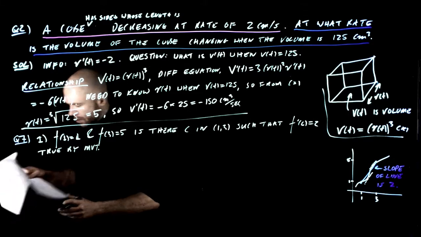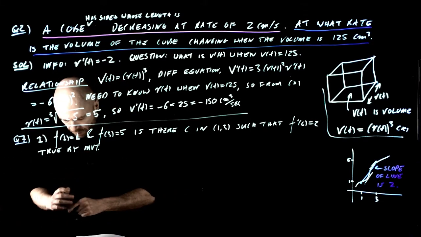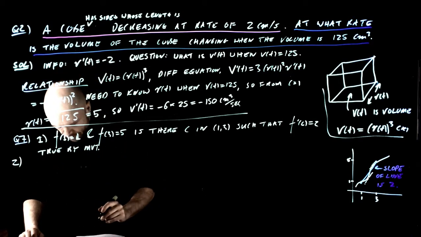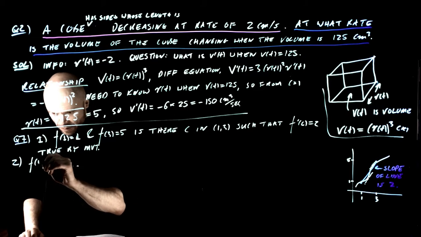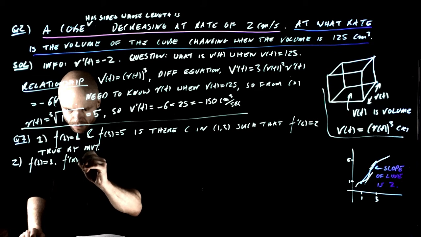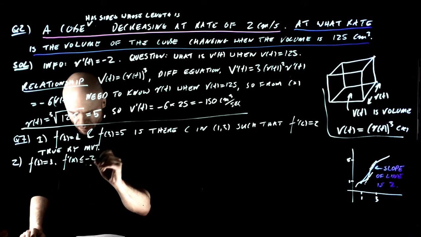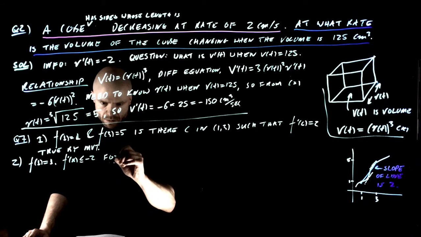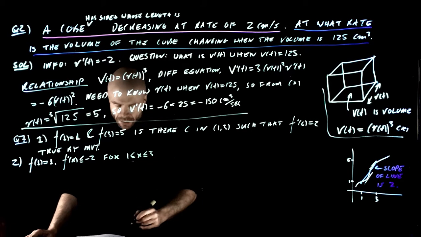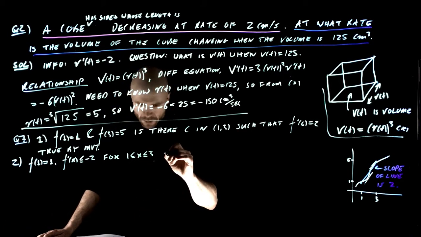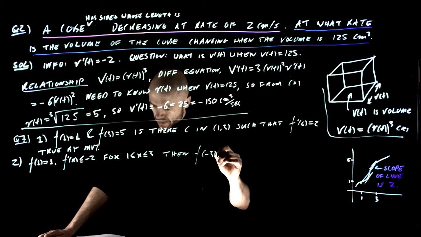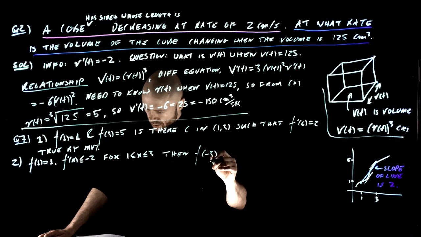Okay, let's do statement 2. So in this case we have f of 1 is equal to 1, f prime of x is less than or equal to minus 2 for x between 1 and 3, and then it says then f of minus 3 is... Oh, I'm sorry.